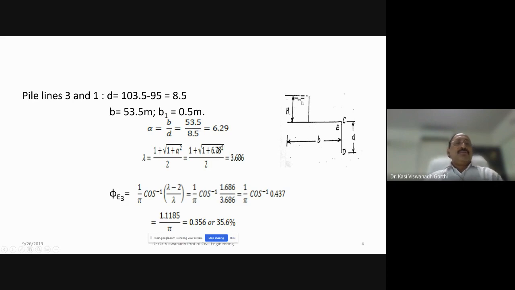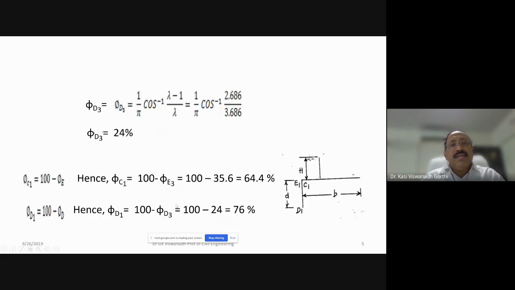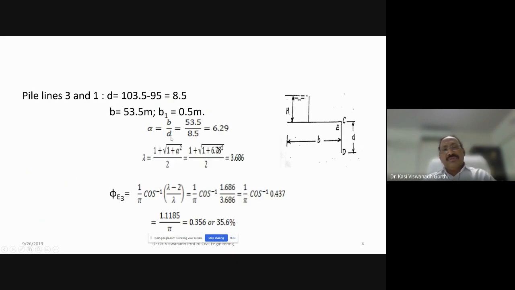For pile line 3 and pile line 1, if you would like to calculate, we have the standard formulae: phi E equals 1 by pi cos inverse of (lambda minus 2) by lambda. Similarly, phi D is 1 by pi cos inverse of (lambda minus 1) by lambda. To use these formulae, we have to calculate the lambda value.